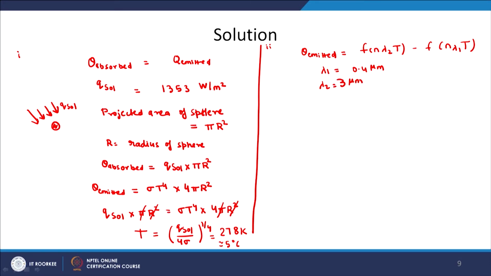So, we have to calculate this f function, and then we will be able to calculate the emitted energy.